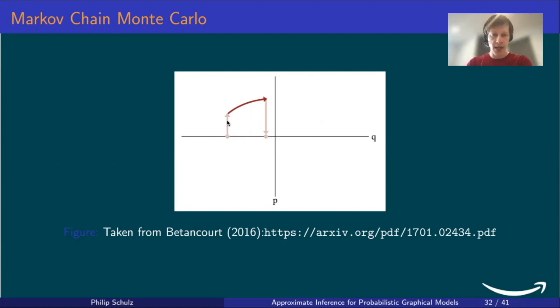So we're lifting Z into UZ space, and then using Hamiltonian dynamics, we travel in joint UZ space for a given period of time. And then we project that joint UZ sample down to Z space.